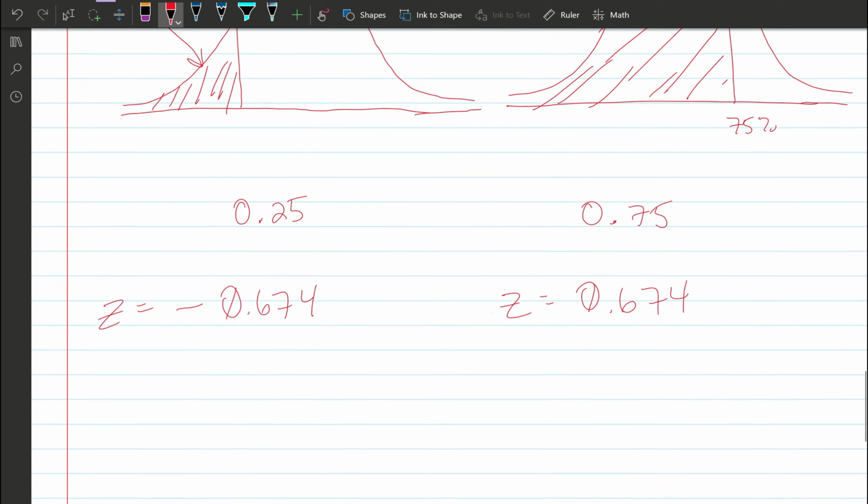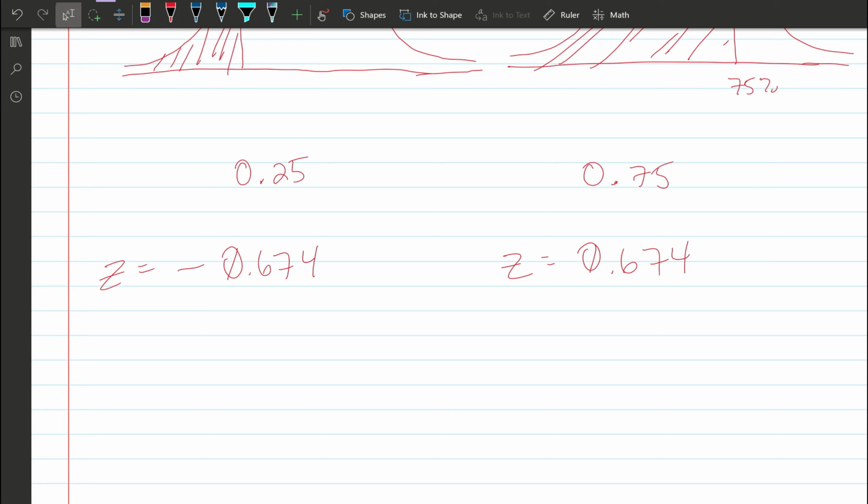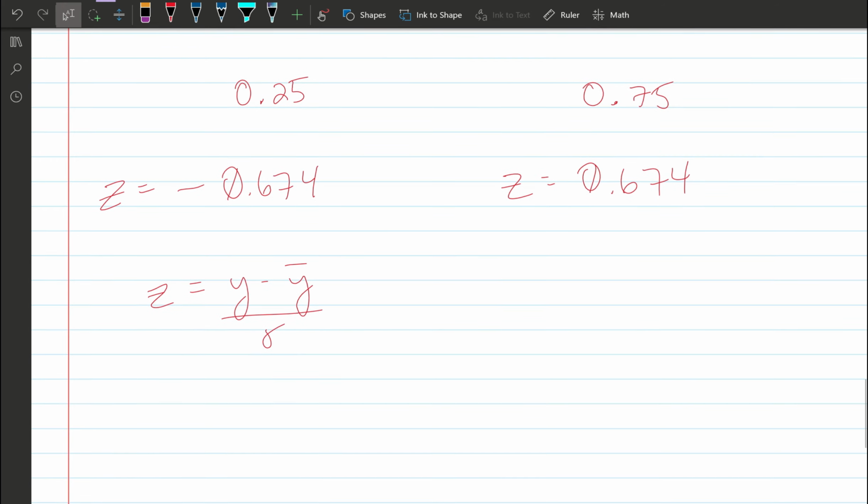Now we're going to convert these z-scores into their original units. Remember, the formula is z equals y minus y bar over sigma. So we're going to plug in negative 0.674 for z, which is equal to y, what we're trying to find in the original units, minus 206, which was given, over 18.